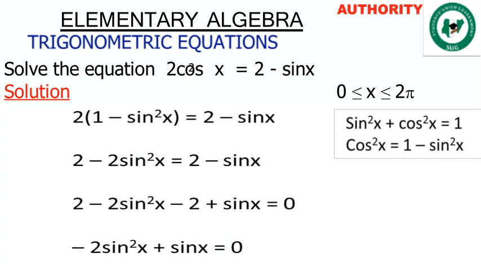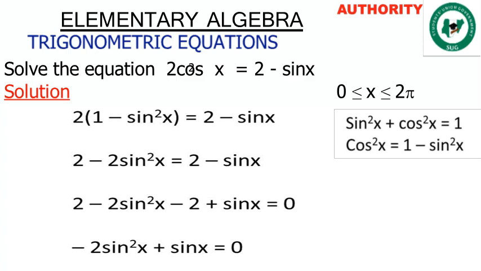You see it? So minus 2 plus 2 is 0, so that one has just disappeared. We are only left with minus 2 sin²x plus sine x equal to 0.